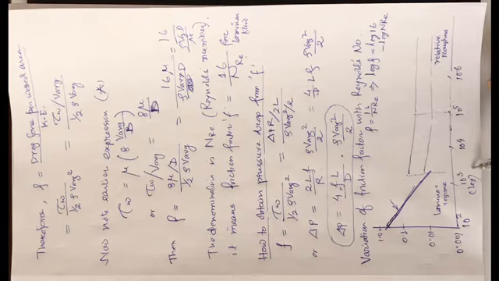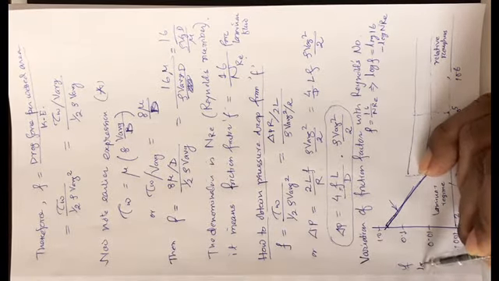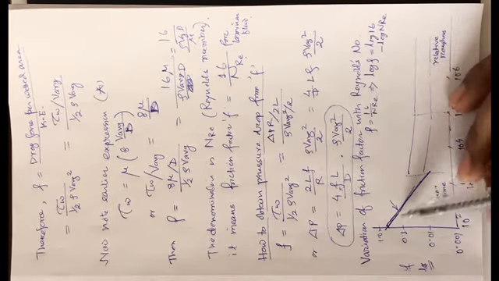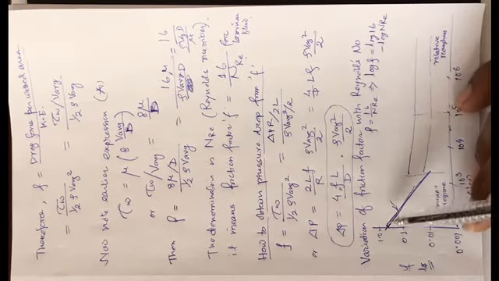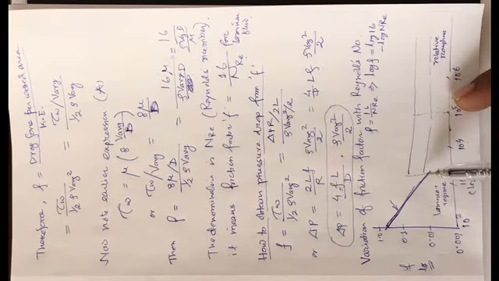So with log scale Reynolds number on the x-axis and friction factor F in log scale on the y-axis, you are going to get a straight line with negative slope. Remember, as we have said, this will be valid for the laminar regime only.